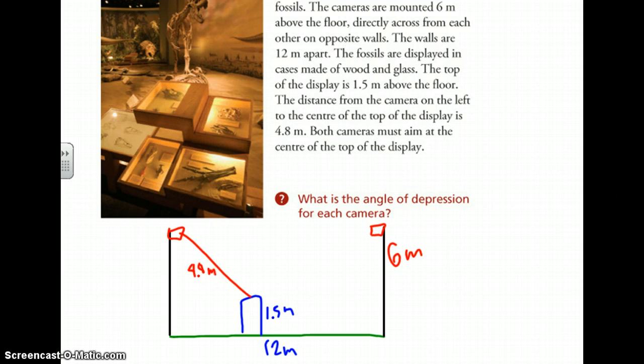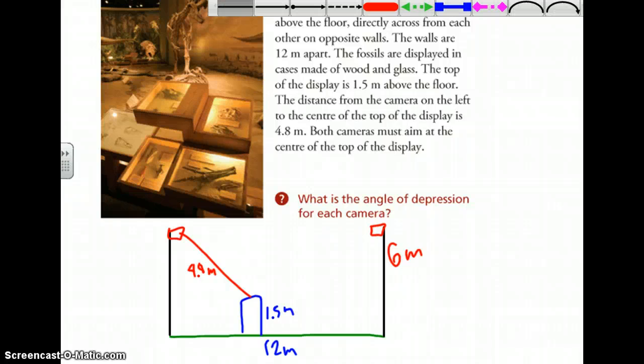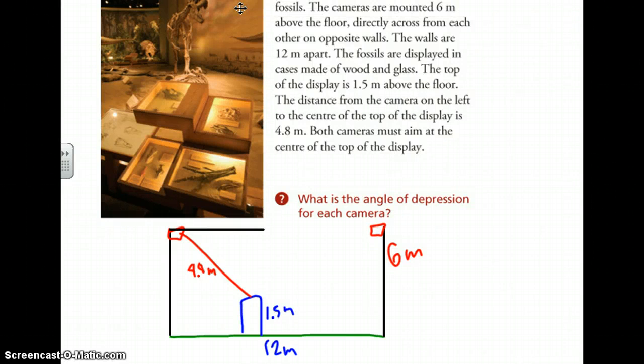If we were to close in this top, that would be 12 meters wide. And since the walls are 6 meters tall, that means from here down to here should be 4.5, because this display part here is 1.5 meters. So that's what we have.